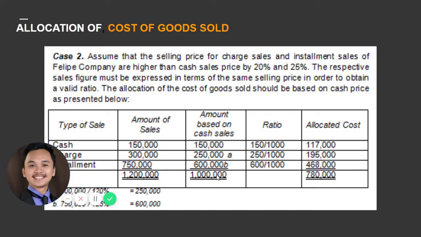From that we can now create a ratio. That's 150 over 1,000 for cash, 250 over 1,000 for charge, and 600 over 1,000 for installment. So from our 780 total cost of goods sold, 117 will go to cash, 195 will go to charge, and 468 will go to installment.